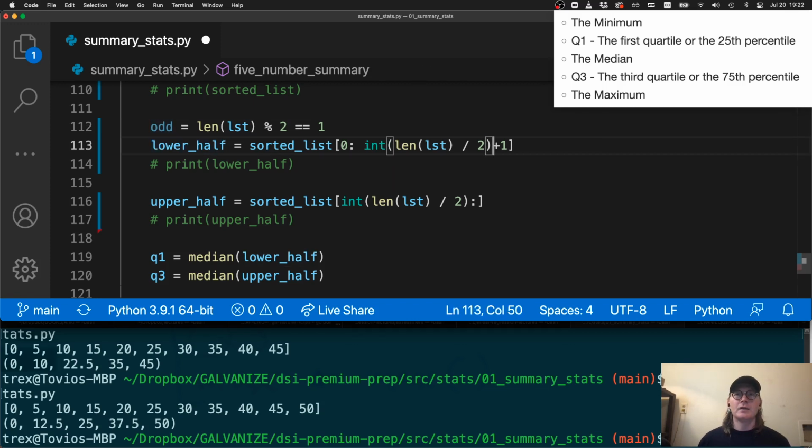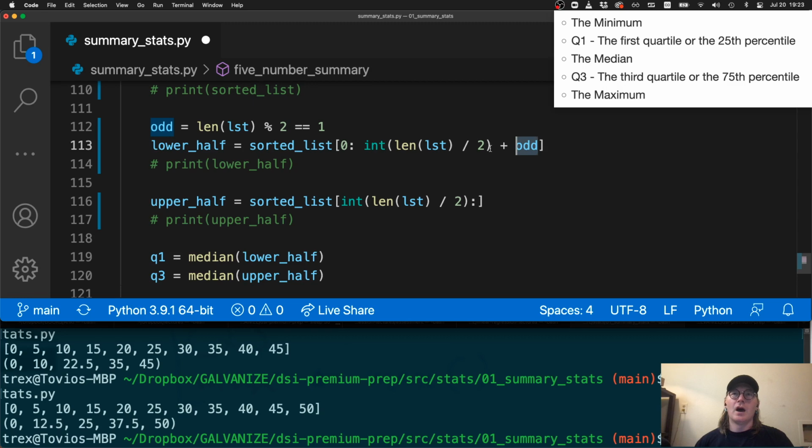Instead of adding 1 here, I'm going to add odd. If odd is true, then that's going to act as a 1 arithmetically. So I just got rid of a bunch there.